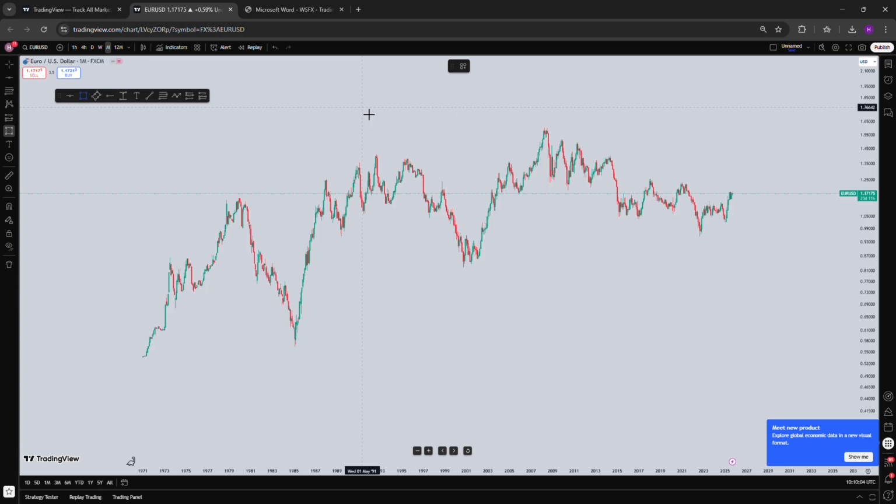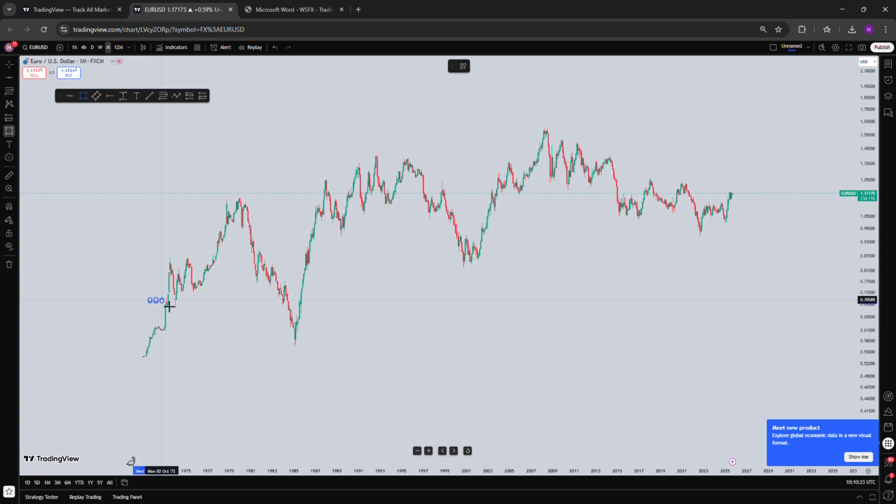Okay, so I'm just going to start from the proper beginning again. I wouldn't start from here. Let's analyze it, let's find the support and resistance together using a zone this time instead of a line, right? I hope you guys are following me, and I hope you guys are taking notes because it's very important.